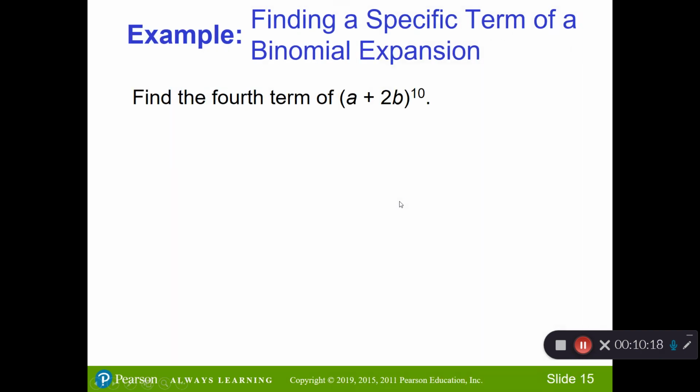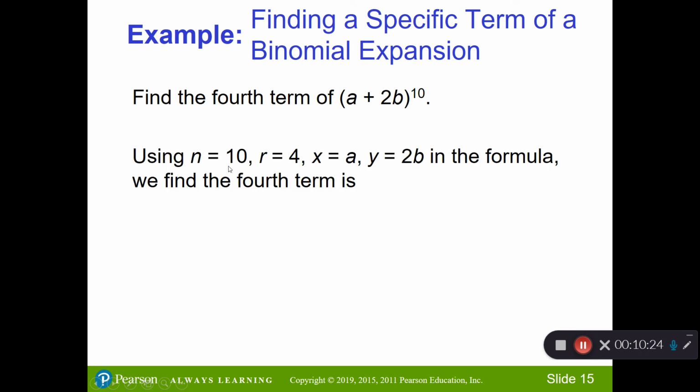Okay, so let's find the fourth term of a plus 2b to the 10th. So the r is 4, n is 10, the exponent. R is 4 because it's the fourth term. X is this placeholder here, a, and the y is this place here, 2b.